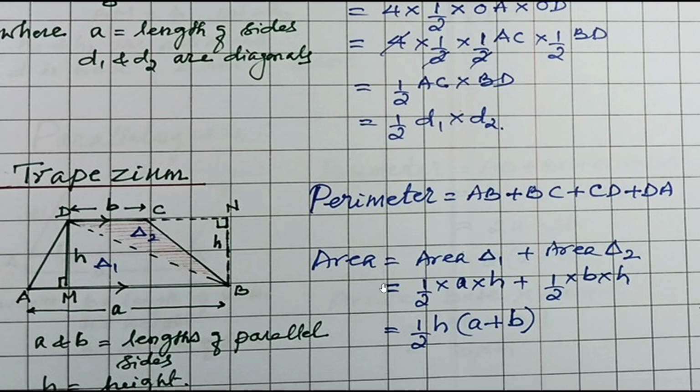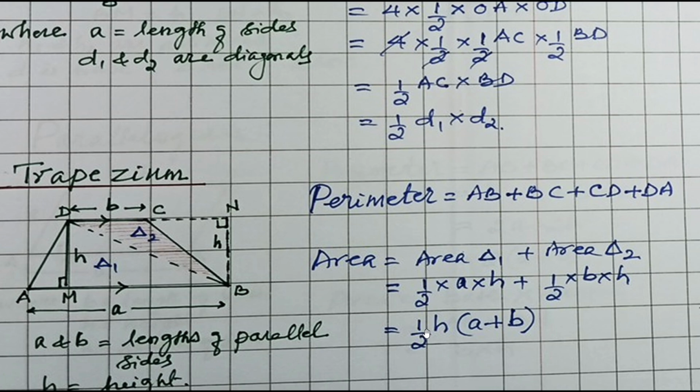And therefore remember, to find the area of a trapezium, we have to use the formula half h in the bracket a plus b, where h is the height or the distance between the two parallel sides and a and b are the lengths of the two parallel sides. So with this formula we can find out the area of a trapezium.